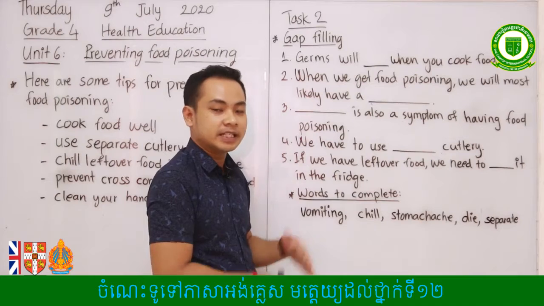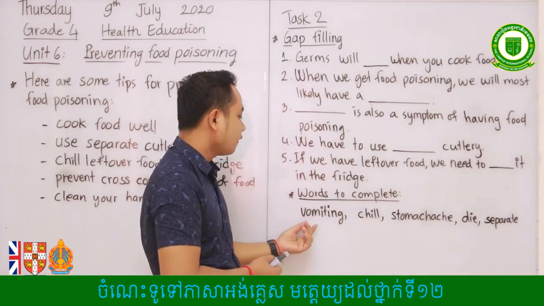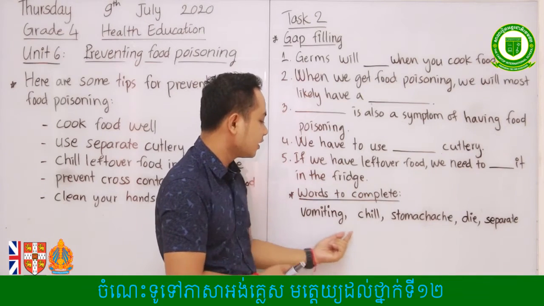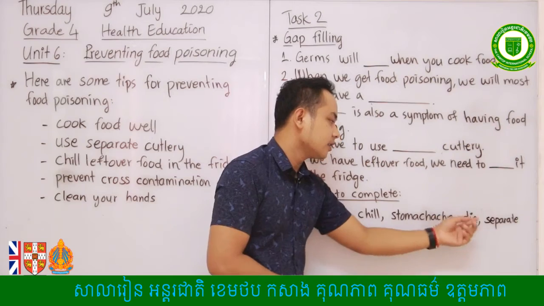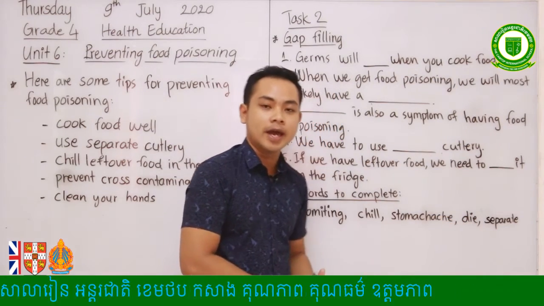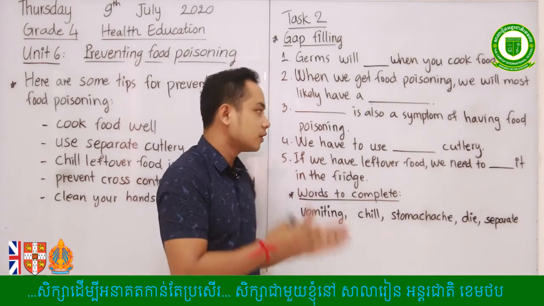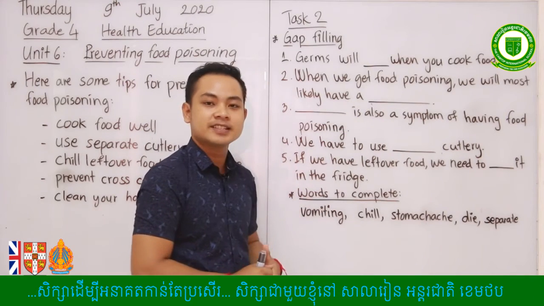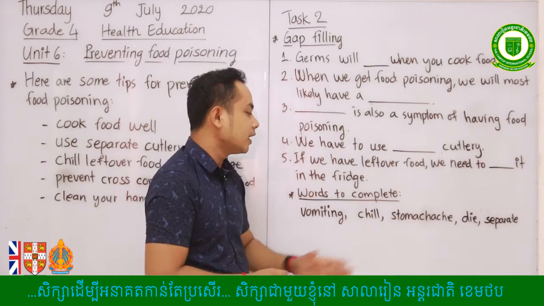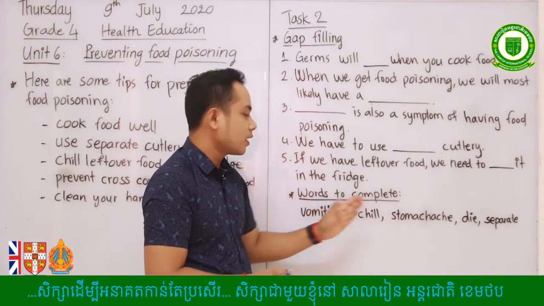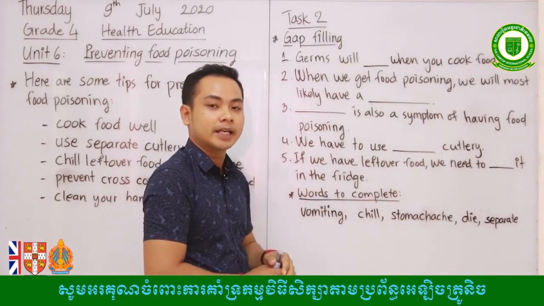Those 5 words are vomiting, chill, stomachache, die, separate. Read the sentences carefully and choose the word carefully before putting it in each blank.